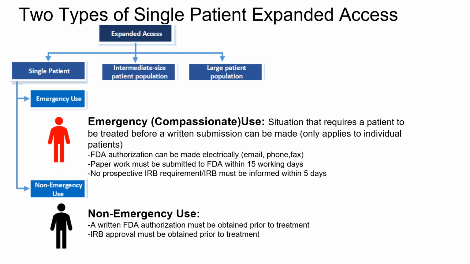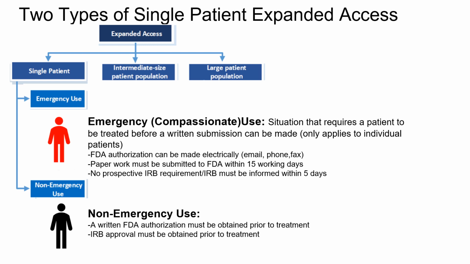Emergency use is allowed when the situation requires a patient to be treated before a written submission can be made to FDA and IRB. So the initial request and FDA authorization can be made over the phone, and a formal written request can be made retrospectively, so after treating the patient.